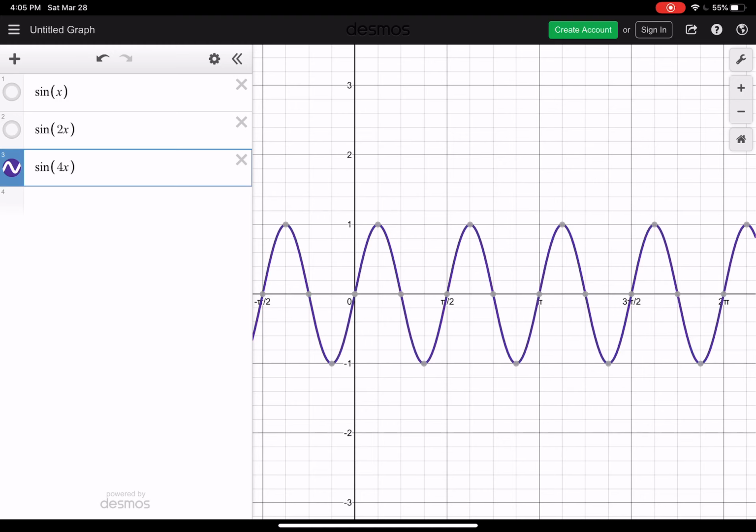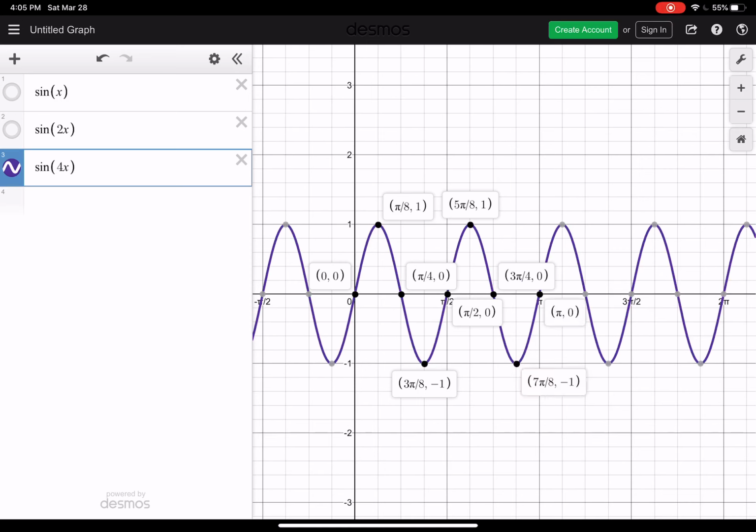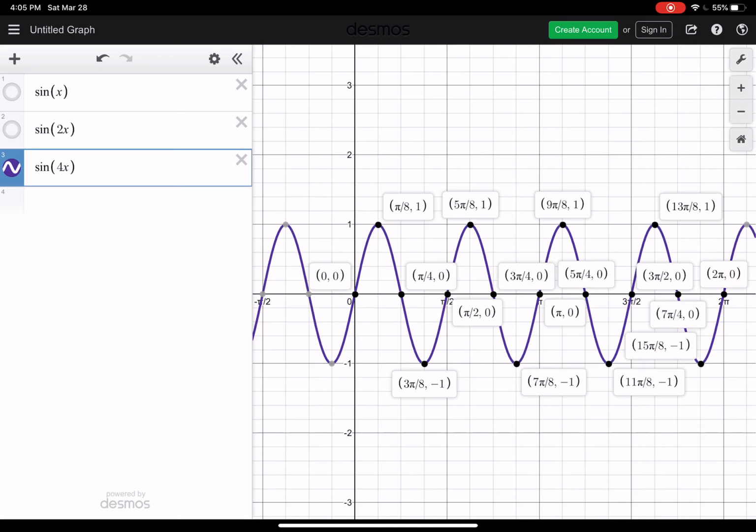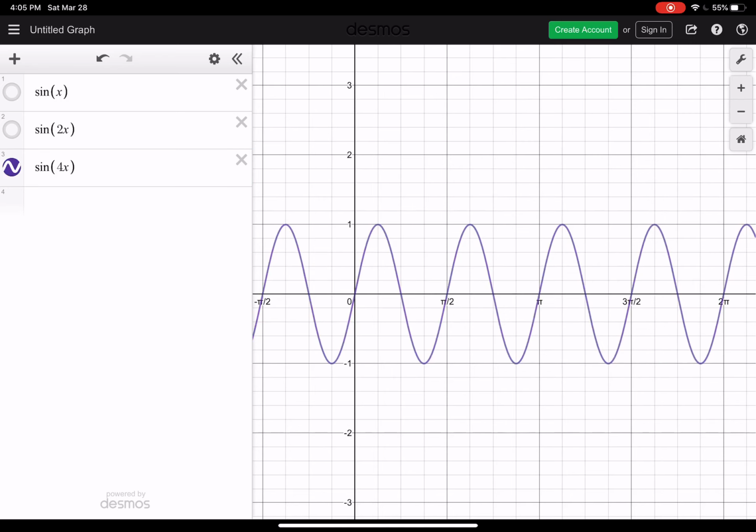So between 0 and 2 pi, I have 1 cycle, 2, 3, 4. You have 4 cycles as you go from 0 to 2 pi. And again, that comes from just taking the b term here, which is 4, and dividing it by 2 pi.